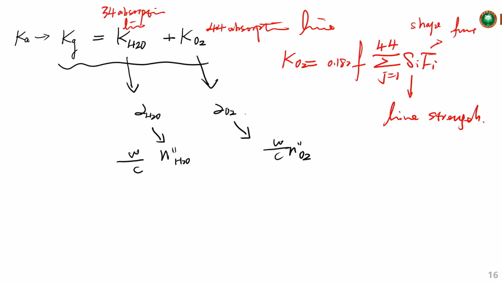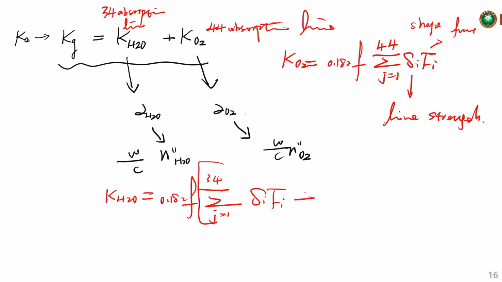The same thing holds for the water vapor. It can be expressed as 0.182 f times the sum over j, corresponding to 34 absorption lines, of S_i times F_i. It is the same, but it has another term for the critical point above that frequency range, outside of the frequency range, in what we call the very high region.